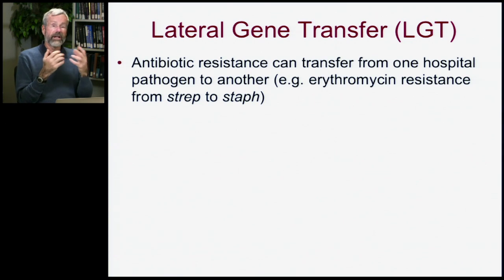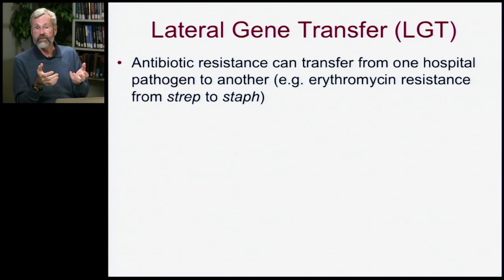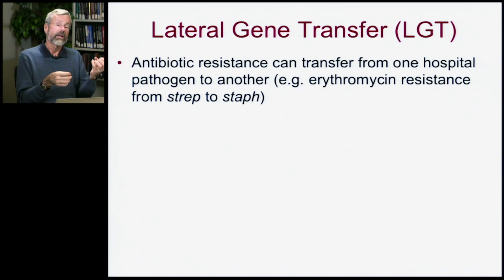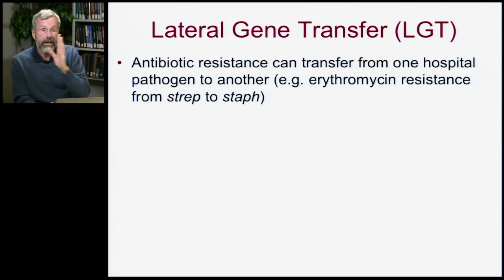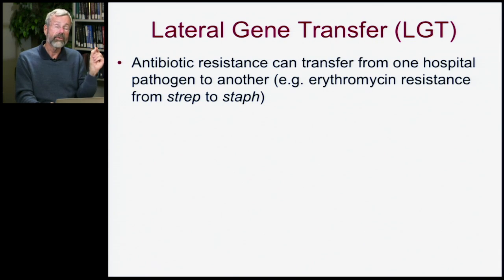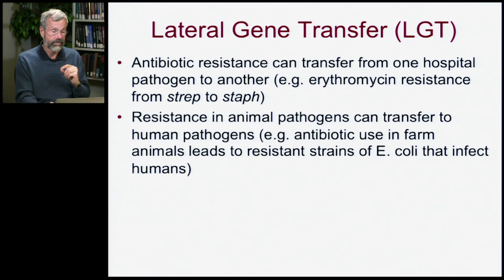And then there could be various mechanisms, whether it's transformation or transduction, that will allow the resistance genes to erythromycin to go from, say, streptococcus to staphylococcus. So we get now the acquisition of a whole gene at once from one unrelated bacteria to another.